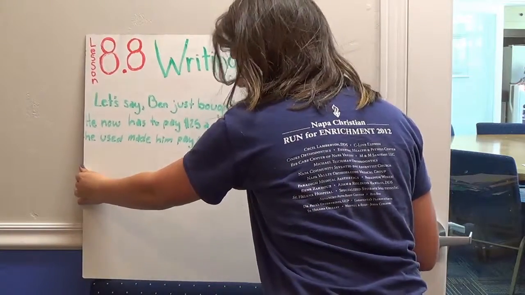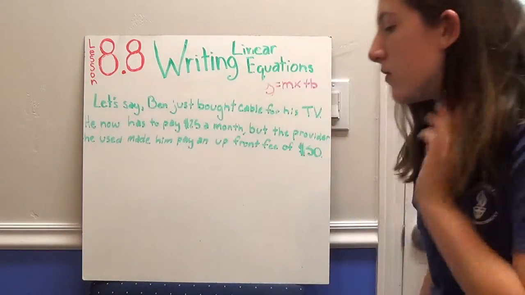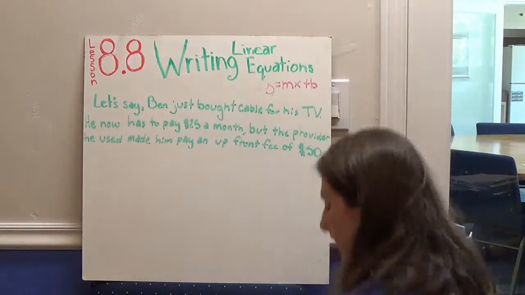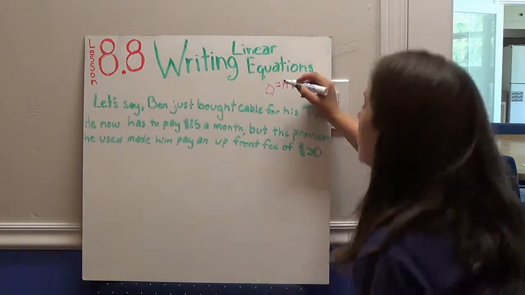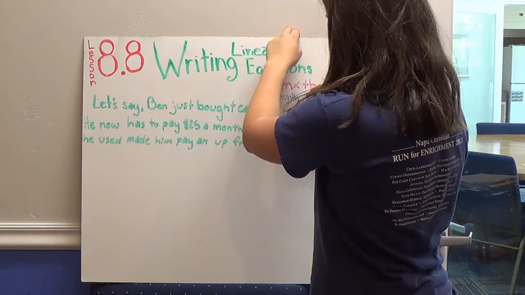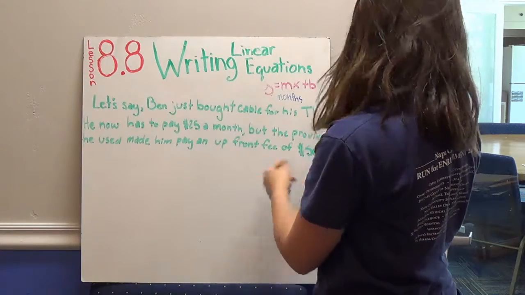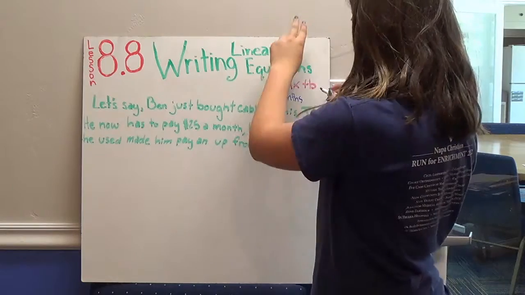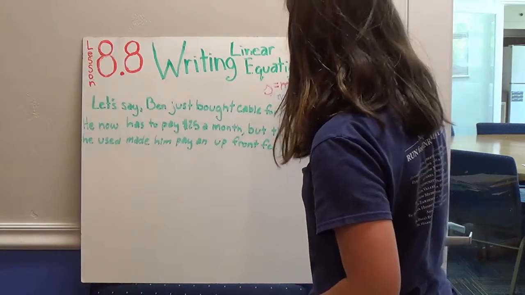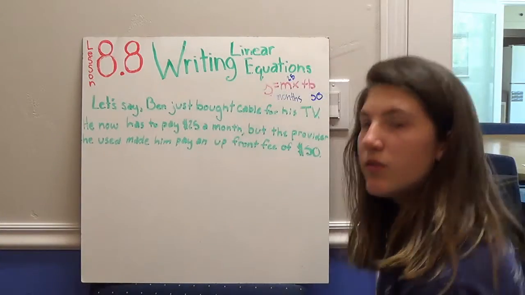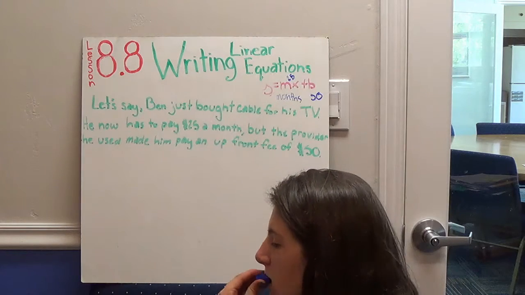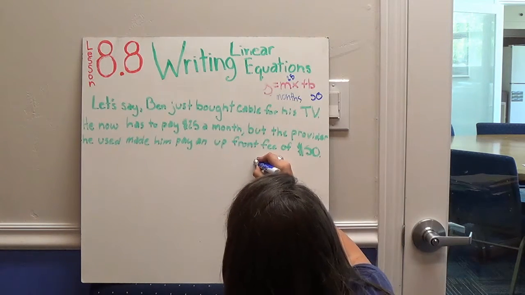Alright, so b is going to be 50, because b was the upfront fee of 50. So m we now know is 25. So now that we know that, we can graph.